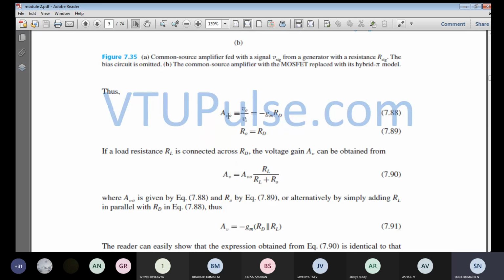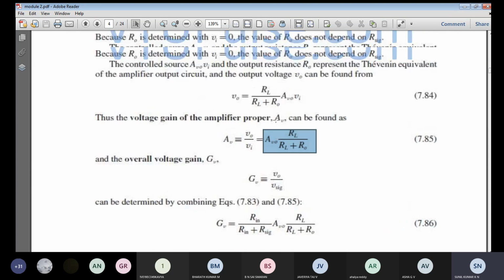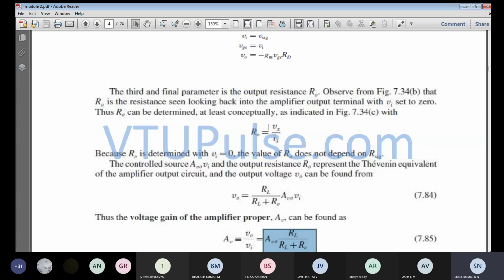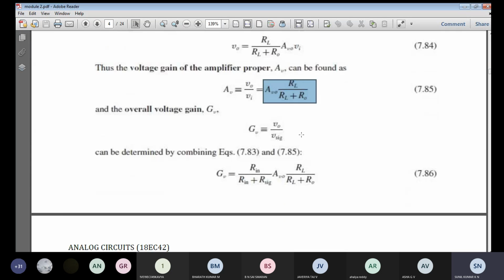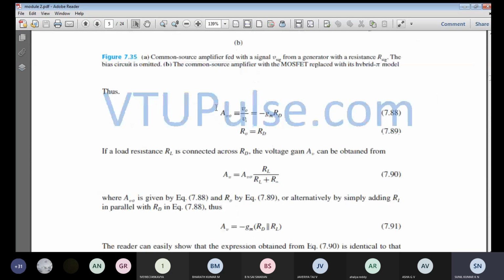In terms of the gain expression, AV naught is nothing but the voltage gain, equal to minus Gm times RD. That is the voltage gain of the overall circuit. How did we find AV naught here? In terms of the output voltage, we found the overall voltage gain: AV naught times Vi. So if you find the overall voltage gain V naught by Vi, the gain expression will be equal to minus Gm times RD, which we have already found in the small signal operation model of a MOSFET.